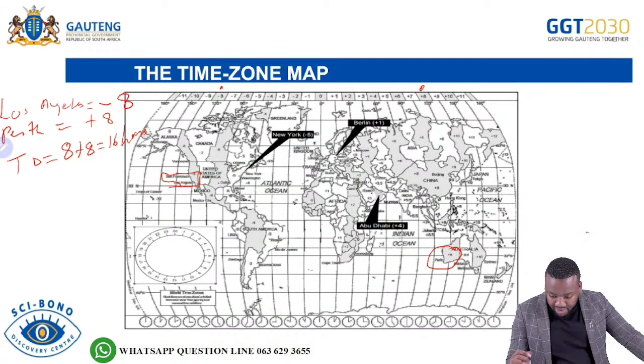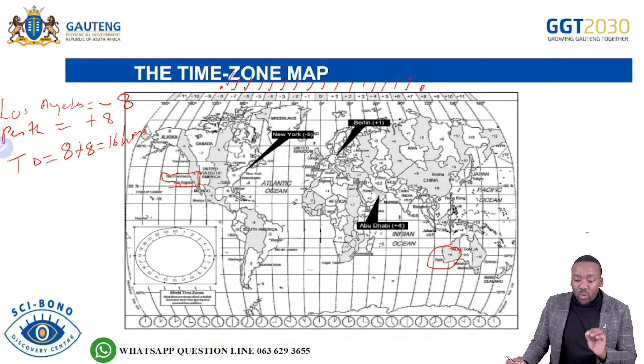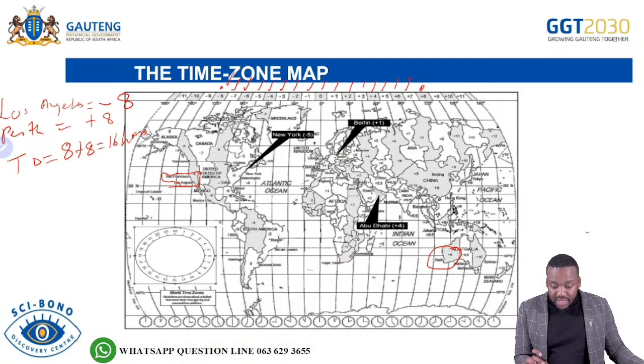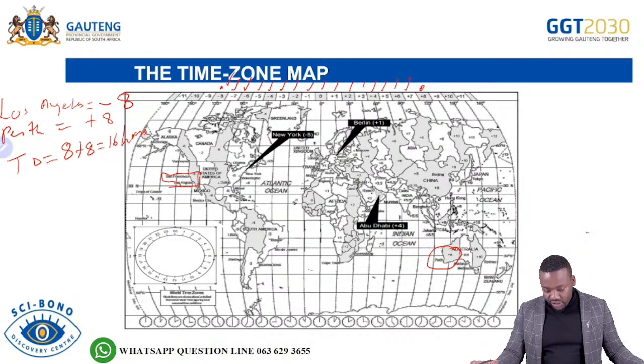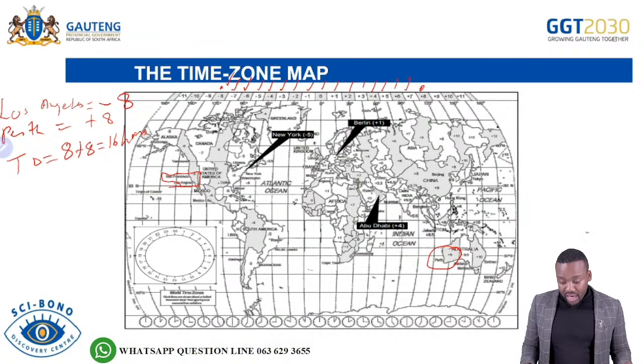Check. +7, that is our 1. 1, 2, 3, 4, 5, 6, 7, 8, 9, 10, 11, 12, 13, 14, 15, 16. Therefore, we are correct. So Perth is 16 hours ahead of Los Angeles. Then Los Angeles is 16 hours behind Perth. That's what we're trying to say there.